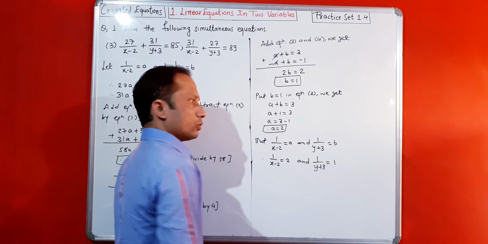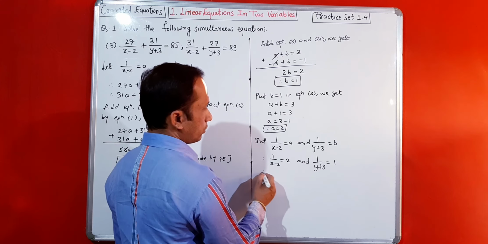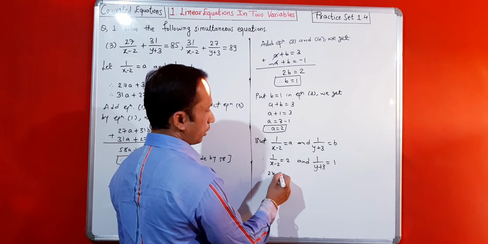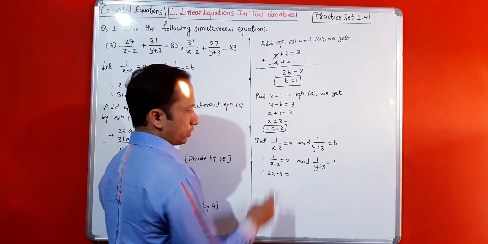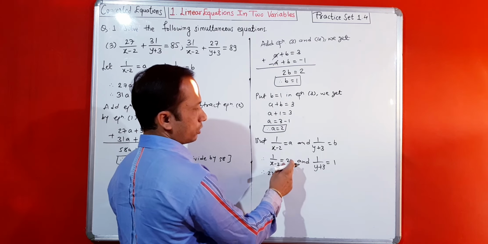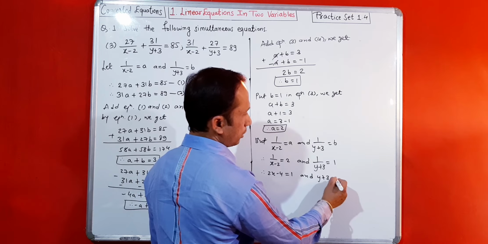See that, this will go there, so it becomes 2x minus 4 is equal to 1, and y plus 3 is equal to 1.